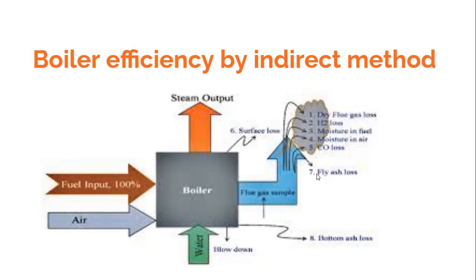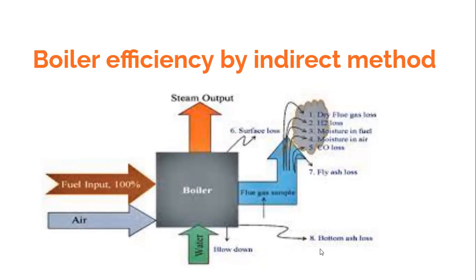And then there are losses via the ash, both the fly ash, which is escaping via the chimney, as well as the bottom ash, which is to be collected below the grate of the boiler. Okay.